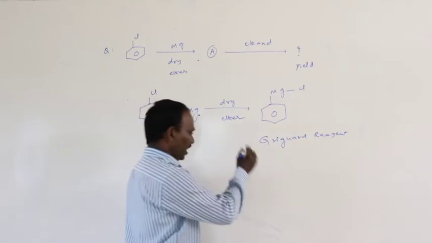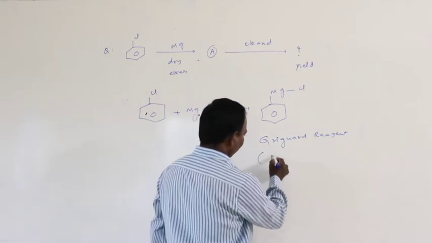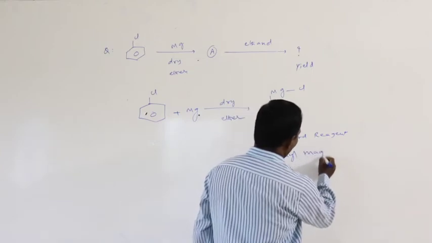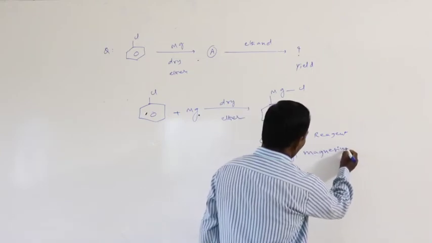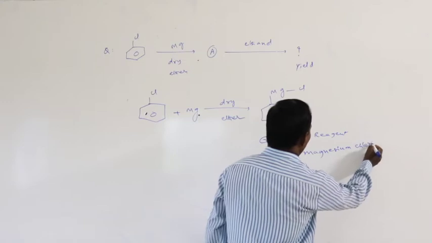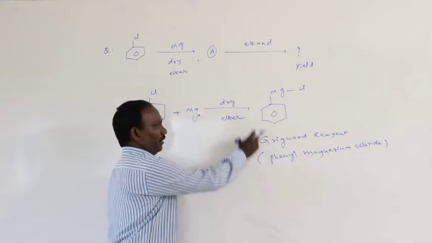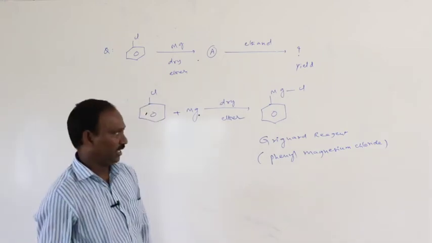Aryl magnesium halide, also called phenyl magnesium chloride. This phenyl magnesium chloride is an aromatic Grignard reagent.